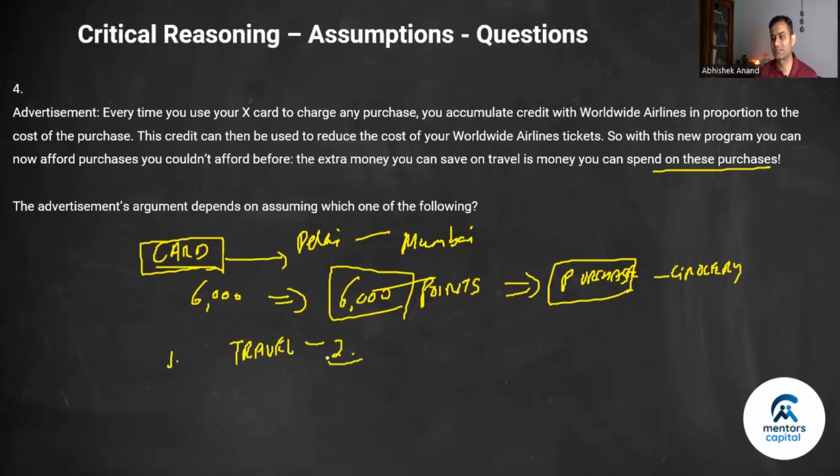And the second assumption is that the airline flies to the destination I travel to. Let's say I go from Delhi to Mumbai and this airline does not have a flight which connects Delhi to Mumbai, then I will not be able to use the card. So fundamentally, there are two assumptions. Assumption number one, that I do travel. And second, this airline supports that destination.